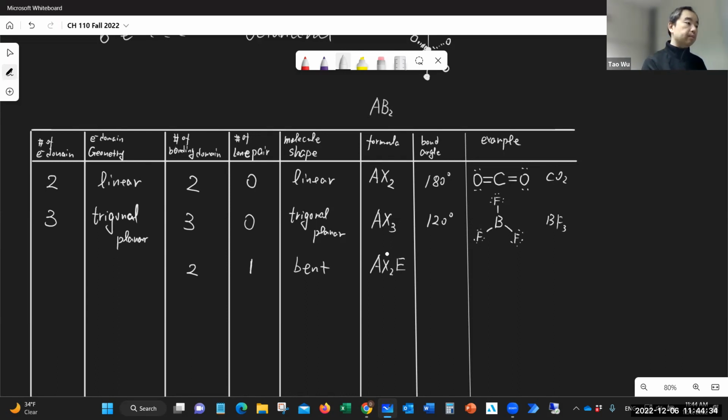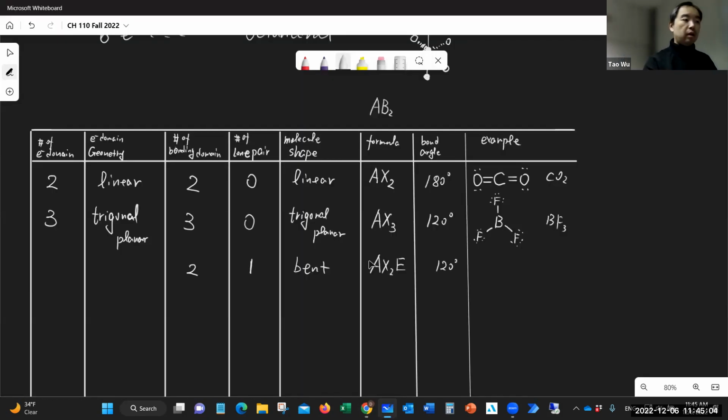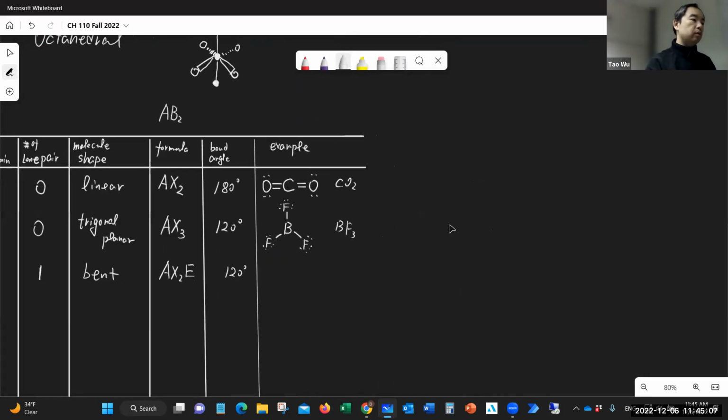And in this case, the bond angle is still around 120, but here I would like to emphasize it's not exactly 120. It's a little bit smaller than 120, because the bond domain usually is smaller than the lone pairs. So the lone pairs usually will occupy a bigger space than the bond, which means I can draw this somewhere else.